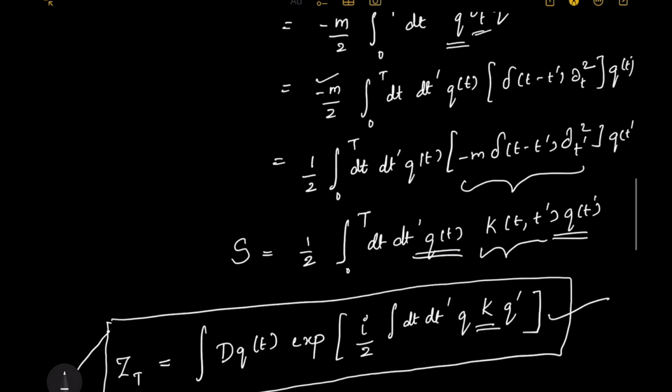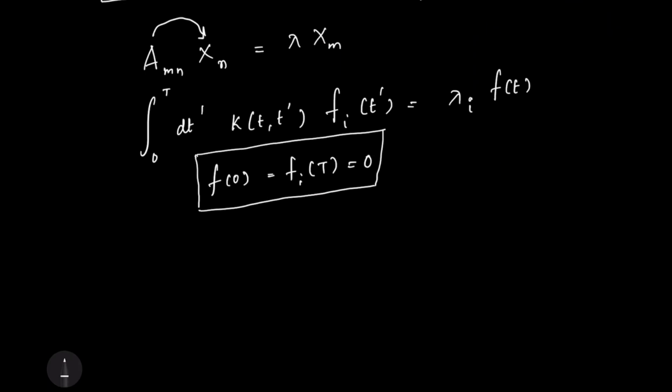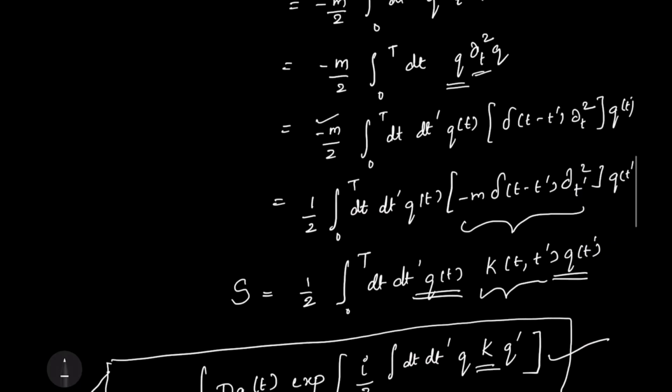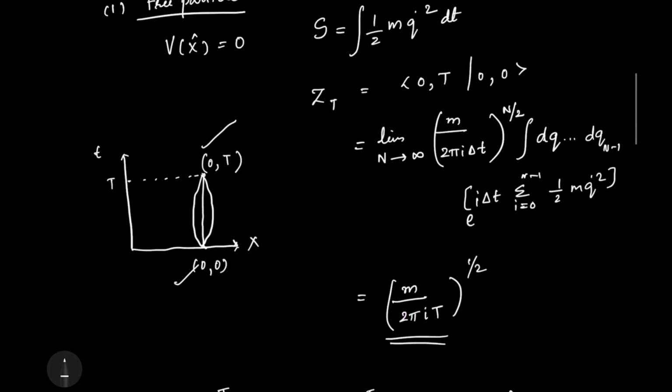Because what is our boundary condition? Here you can see for t equal to 0, x is 0 and it is at the same position even after a time capital T, right?